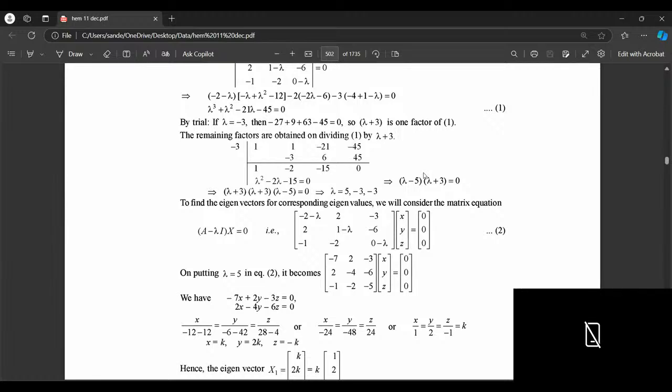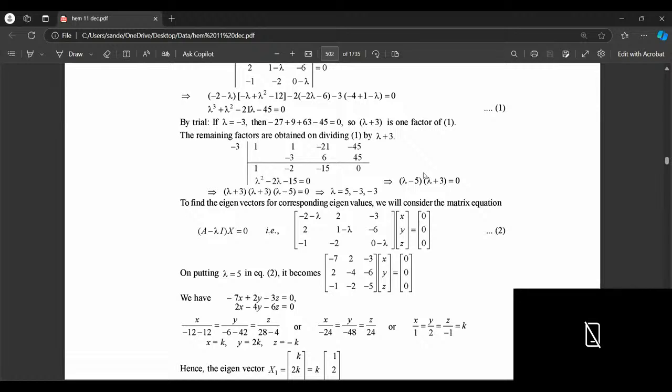This is matrix A minus lambda I into the vector X with 3 variables x, y, z, equal to the zero matrix 0, 0, 0. This is a system of linear equations. So for the first root, put lambda equal to 5, the first eigenvalue, in this system.